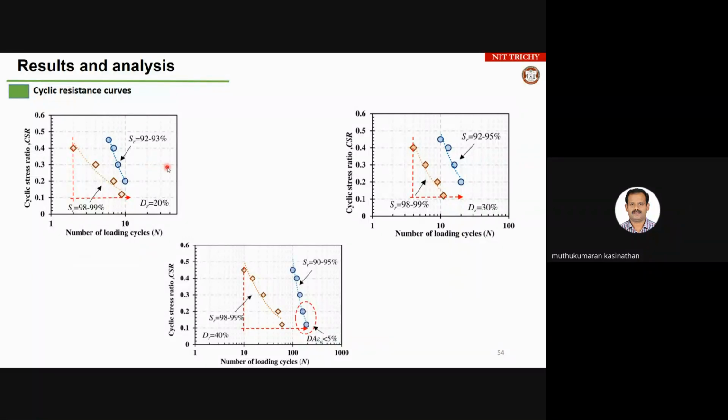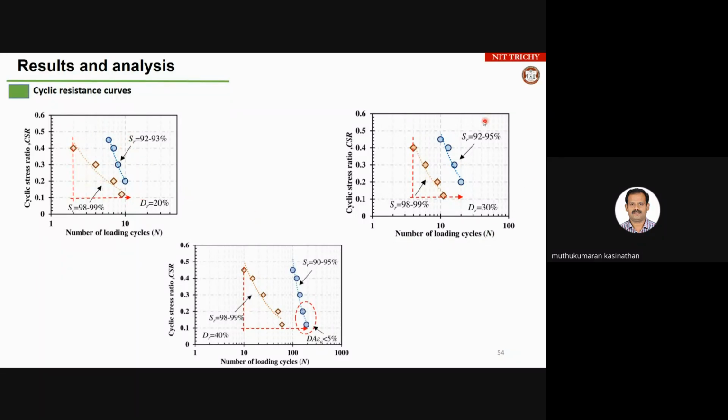If the degree of saturation is 92 to 93, what you are looking at here, and 98 to 99, the chance shifts from here to here for 20% relative density, and the rest reduce from here to here. That means the number of cycles is increased and your sample becomes more stable.